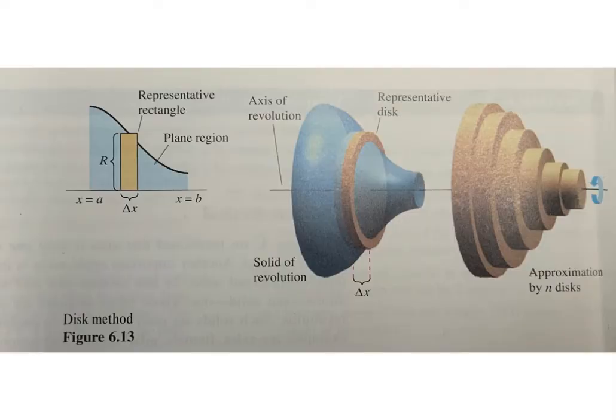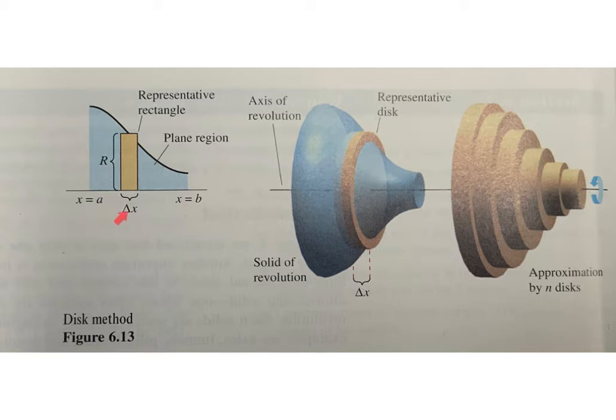And so if you look at the next page, they give you some more representative drawings here. They go back to the concept of rectangles, because that's what you can visualize. And if they were to take each one of these rectangles and rotate it, you would get this volume produced. And so all of a sudden, your width is now how much the x is changing.